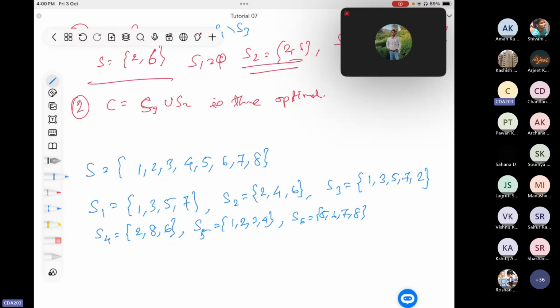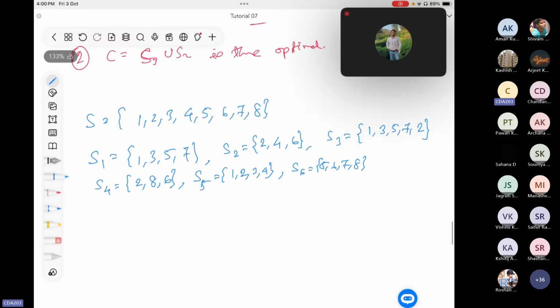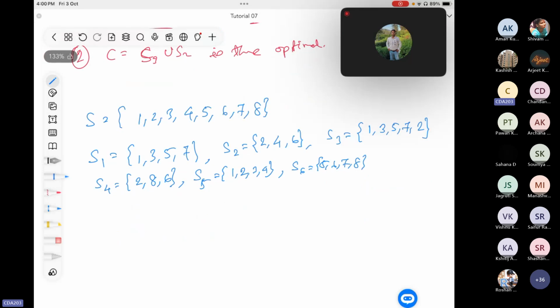Okay, now you can check this example. So my F is S1, S2, S3, S4, S5, S6.